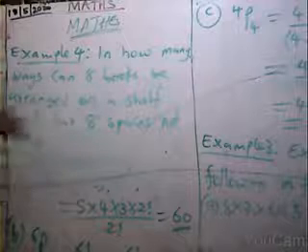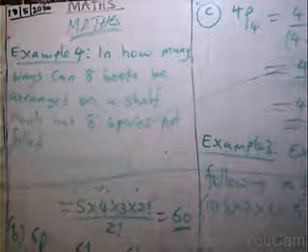Of course, you want to arrange 8 books in 8 places. That is 8 permutation 8, which will be 8 factorial over 8 minus 8 factorial. As simple as that.